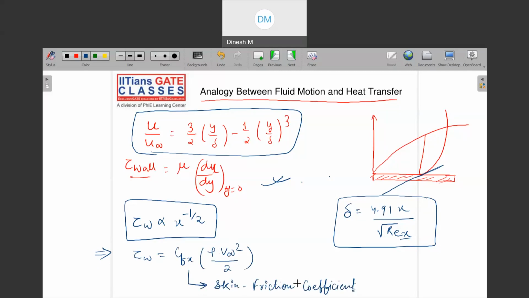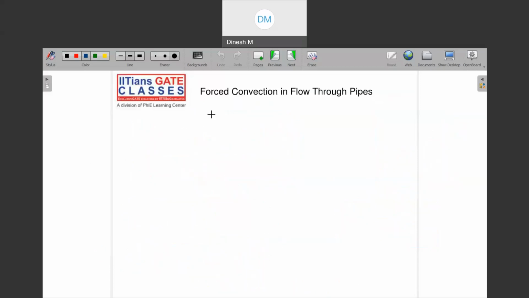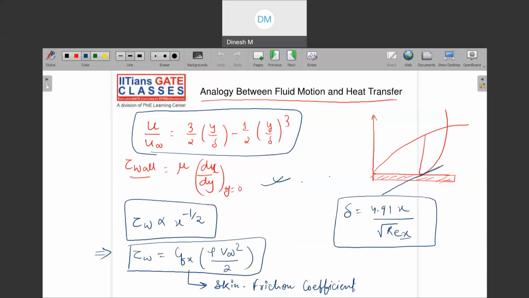Now I know that tau w is like this. Let us analyze whether I can find some relationship between these two. Yes, I can. Let me erase this part.